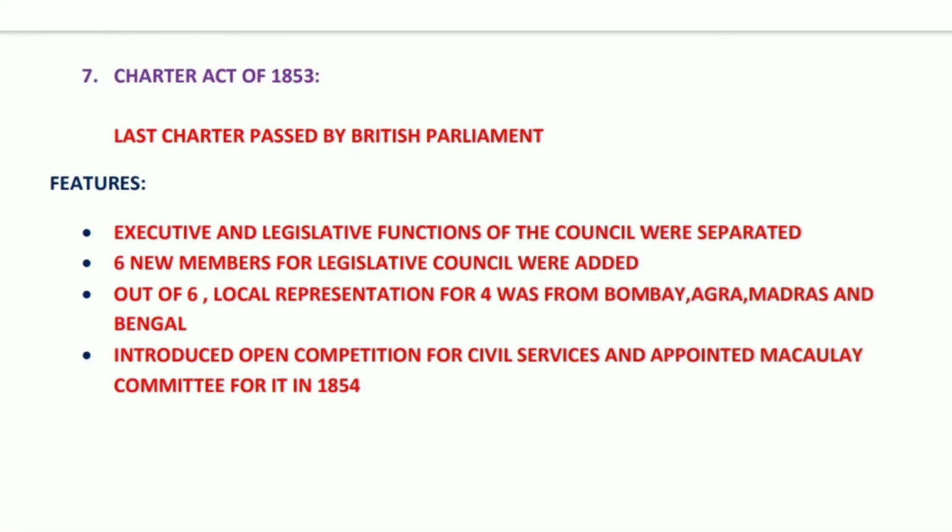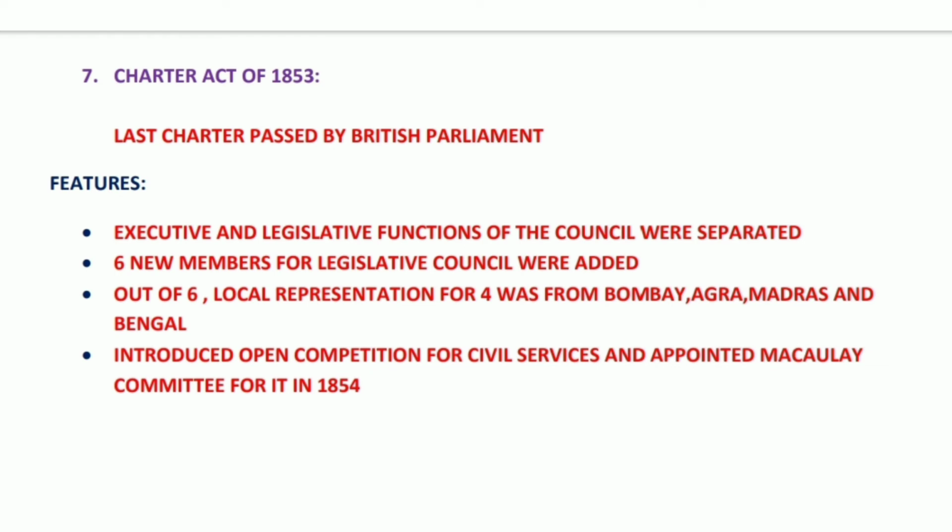After the Charter Act of 1833, the last Charter Act that was passed by the British Parliament was the Charter Act of 1853, and after this Charter Act of 1853, the affairs of East India Company were totally given to the Crown. So that Crown rule will be discussed in a later video.